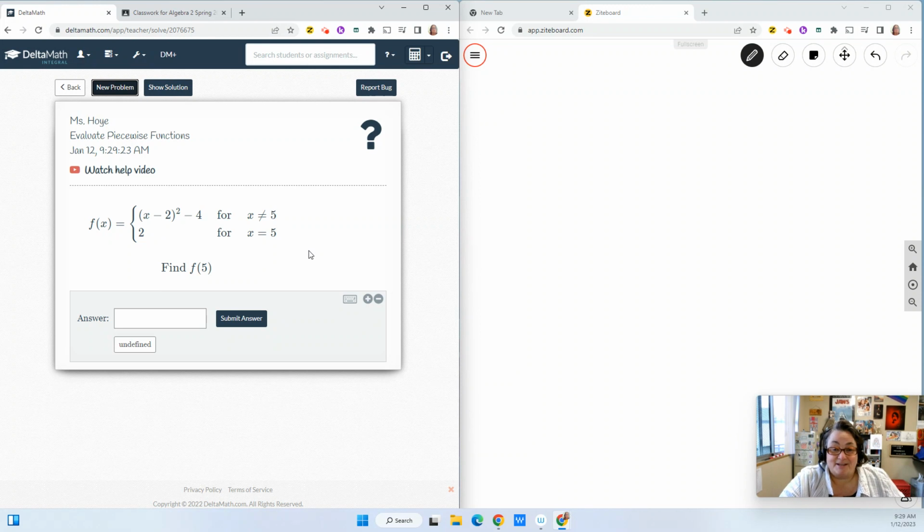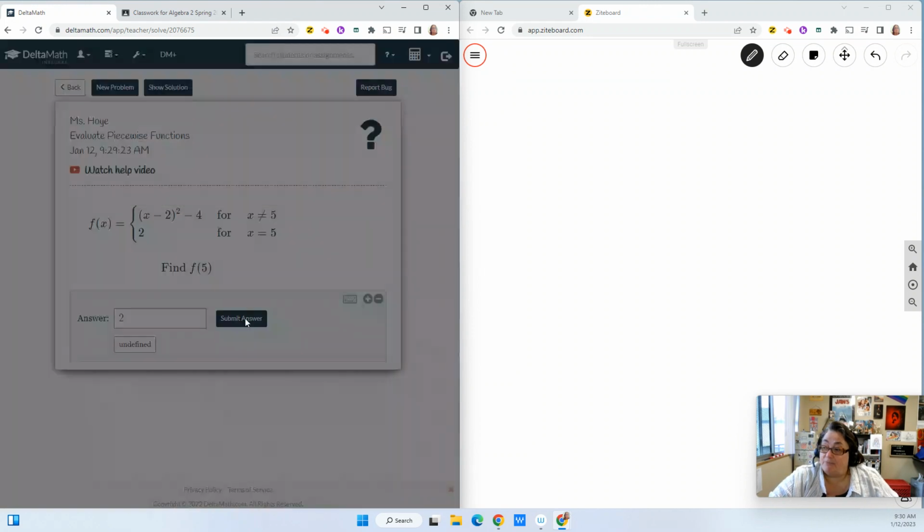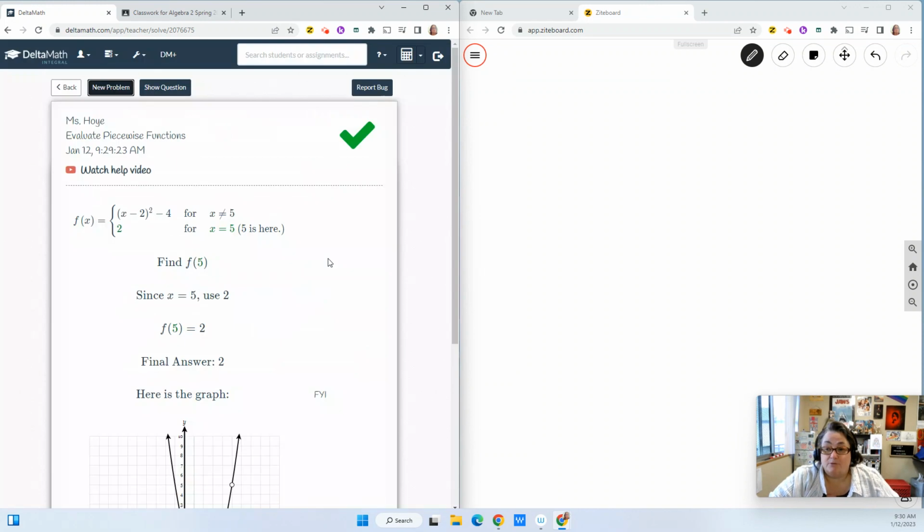I could give you any number and you can tell me it either equals 5 or not equals 5. But it's asking us for f of 5, which means that it does equal 5. So the solution would just be that number. There's no actual equation there. So it would just be 2.